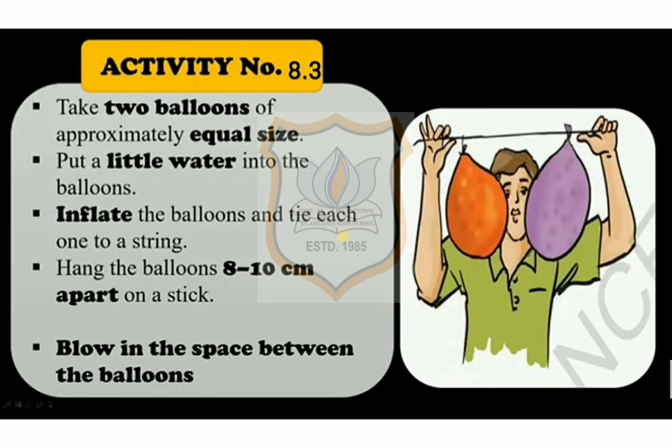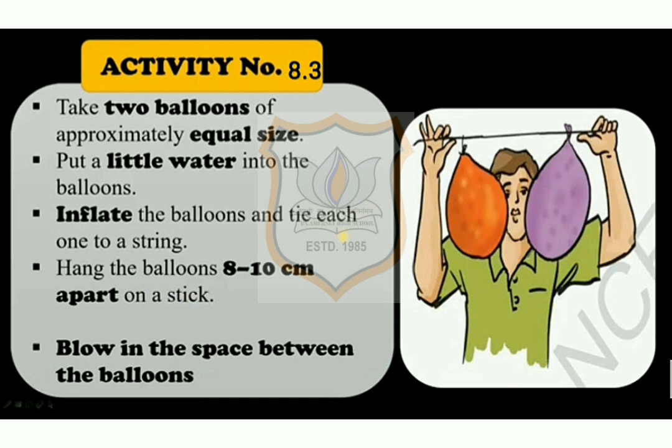Now we will discuss activity 8.3. Take two balloons of approximately equal size and put a little water into the balloons. Inflate the balloons and tie each one to a string. Then hang the balloons 8 to 10 cm apart on a stick.